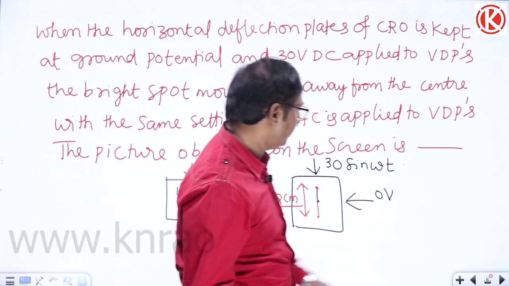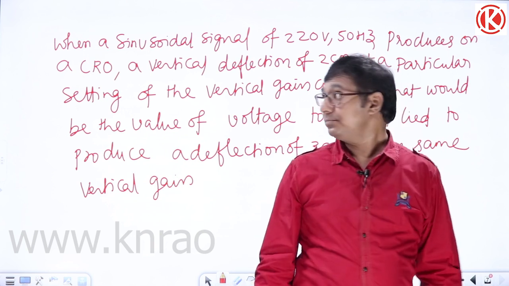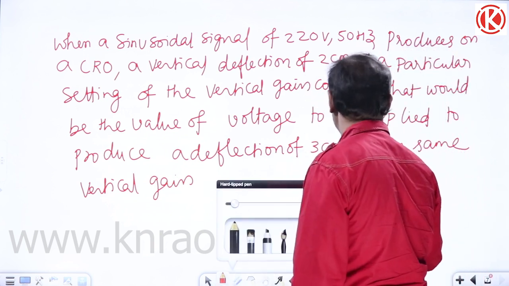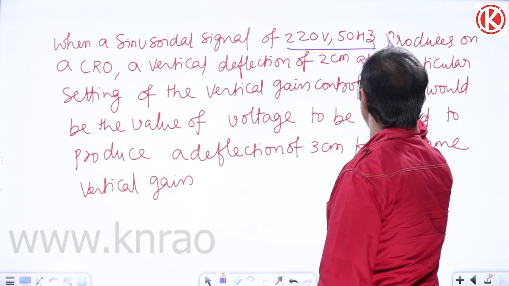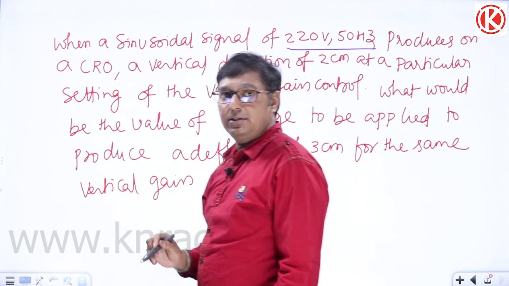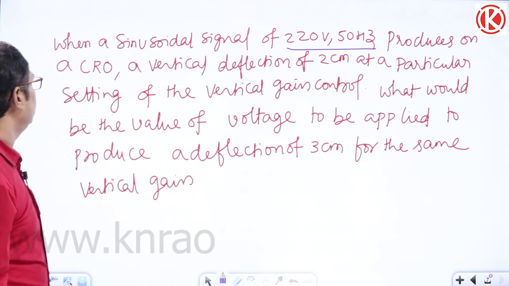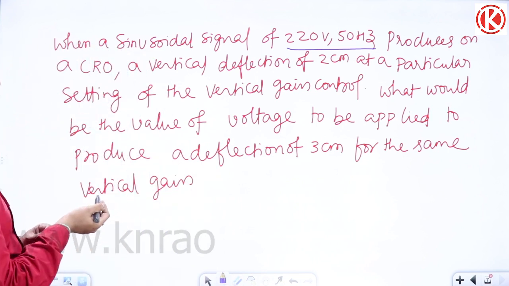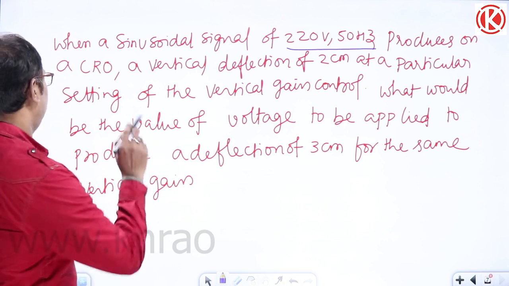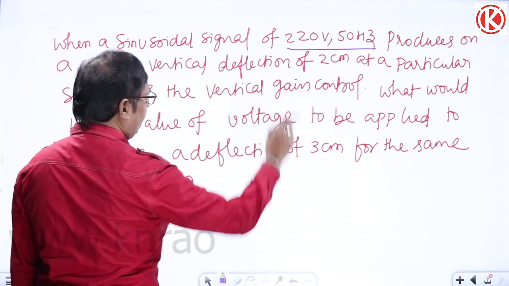Okay. Next question: a sinusoidal signal of 220 volts, 50 Hz produces a vertical deflection of 2 centimeters at a particular setting of the vertical gain control.